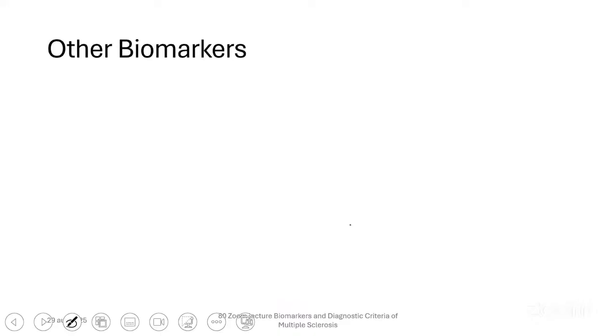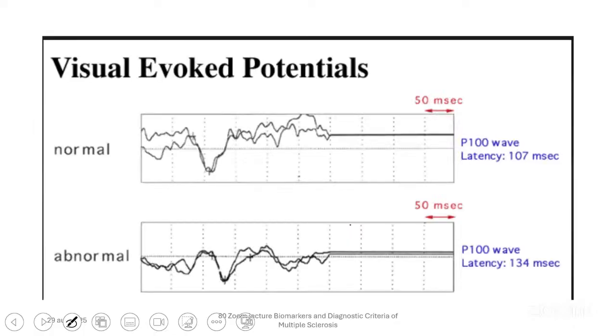So let us look at the other biomarkers which are also becoming very important. One is the visual evoked potentials. The normal P100 wave latency is less than 100. If it is abnormal, it is more than 115, 110, you can say okay, it is abnormal visual evoked potentials.